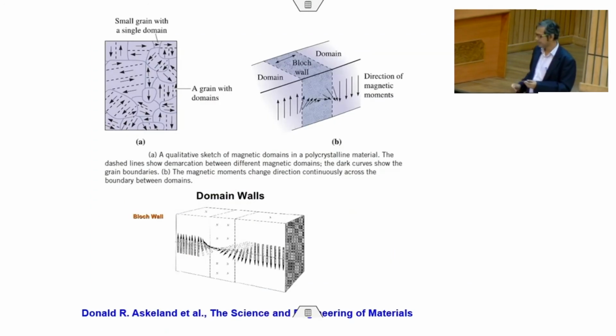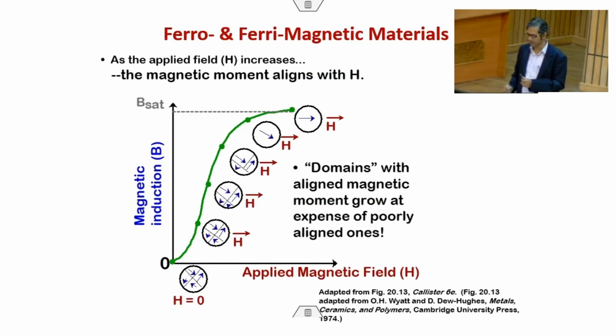Well, now the question is important: in a ferromagnetic material, why do such things happen? When the field is 0, how do these domains actually align? In ferromagnetic materials, you should understand that there are magnetic reasons.